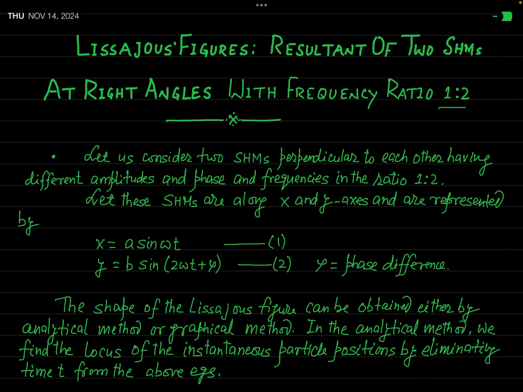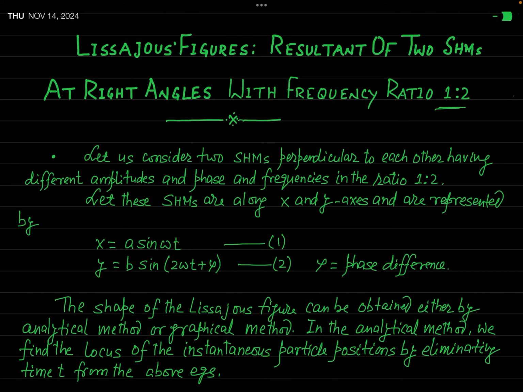So in this particular condition, what resulting path will be traced out by the particle which is acted upon by such two simple harmonic motions acting at right angle? Because you know, when the frequencies of the two perpendicular SHMs are not equal, the resulting motion becomes more complicated.